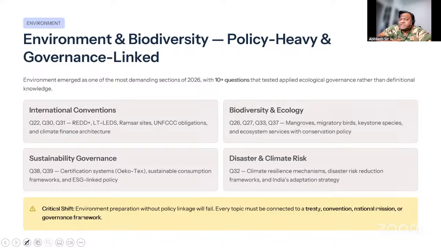Similarly, on biodiversity and ecology, question number 26, 27, 33, 37. On sustainable governance, question number 38, 39, and on disaster and climate risk, question number 32. If you try to see the pattern, from question 27, 28 to question 39, 30, 40, it is all about environment.